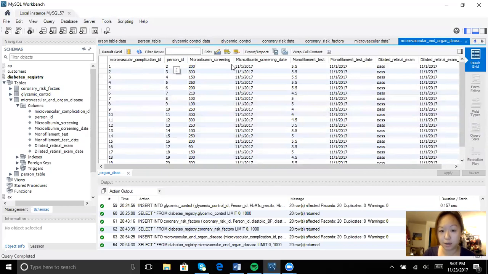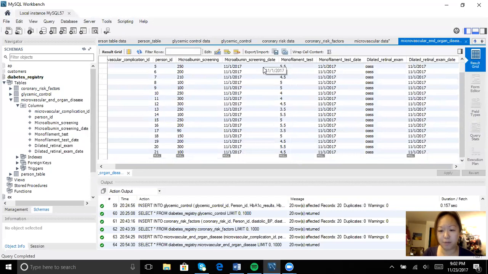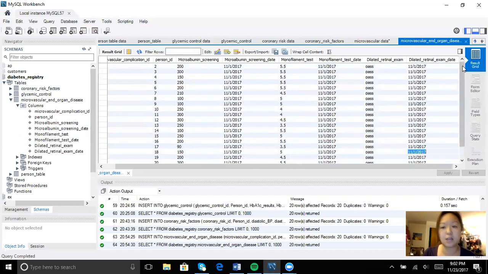The date it was done, again, I figured November 1st. Monofilament test results, the date it was done, whether or not they passed their eye exam. And I did just make it easy and had everyone pass that, and the date that the eye exam was done. So I figured this is kind of maybe the sample population would go into a clinic somewhere and they would just get all these lab results done on the 1st.